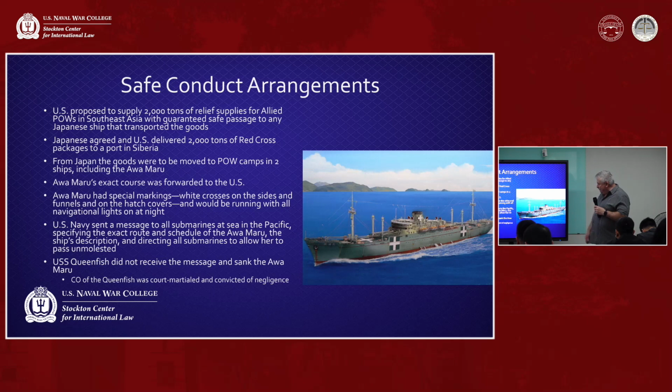An example of a safe conduct arrangement is a World War II example where the U.S. wanted to supply relief supplies to Allied POWs in Southeast Asia. And they were going to do that by providing goods to the Red Cross in another country where it would be picked up by Japanese merchant vessels, and they would move those goods to Southeast Asia.